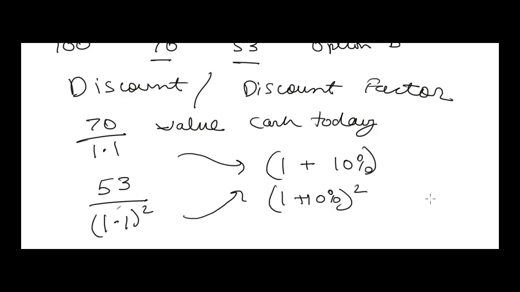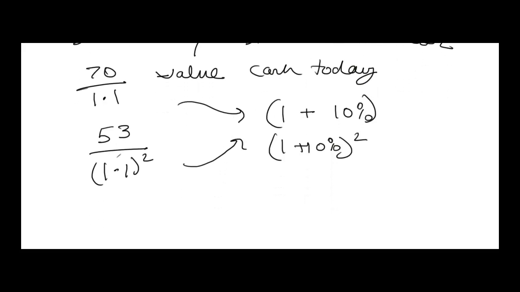So these are the two terms that make up the value of money today, and when you add both of them, you will get the money that this stream means to you after 2 years.